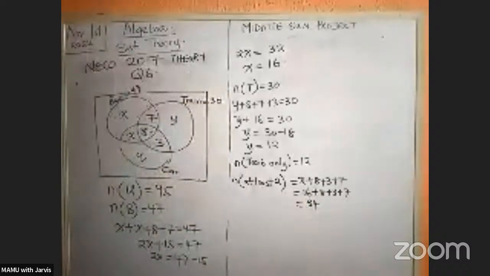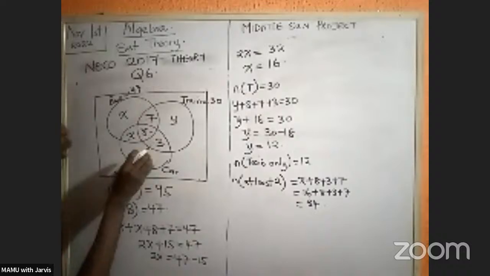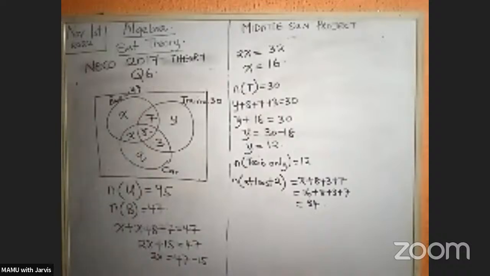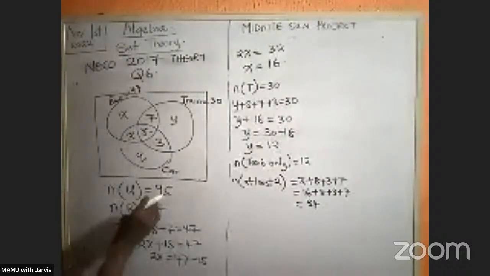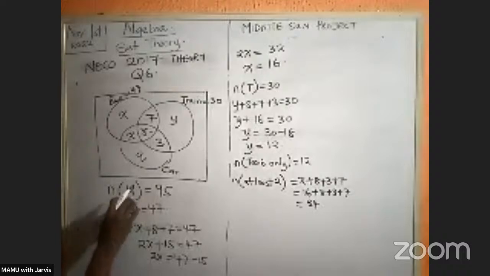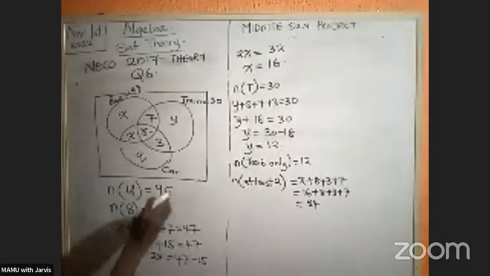Okay, now the number who travel by car only. And this, I think, will be the tricky one. Those who travel by car only. So how do you get this one? Very simple. Remember that we are told that the number of the travelers, which is the universal set, is 95.